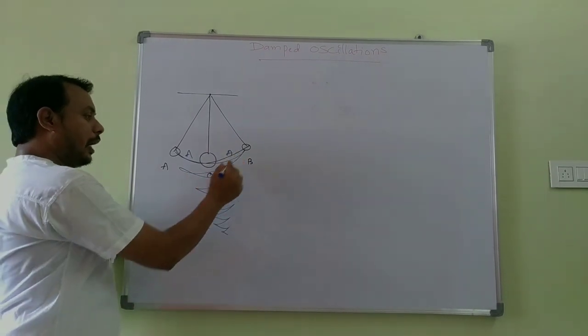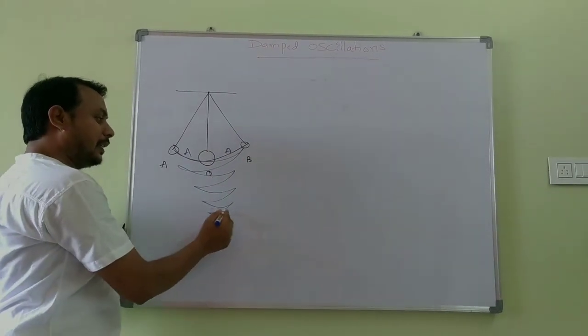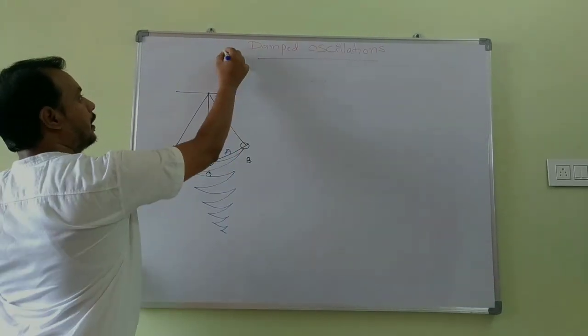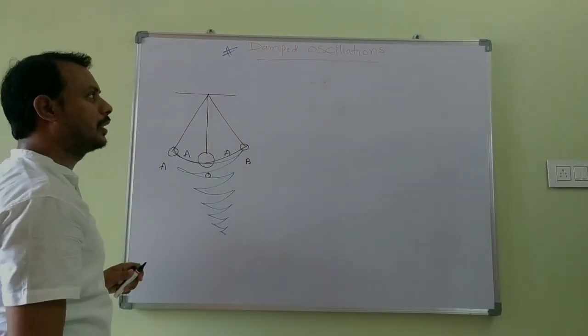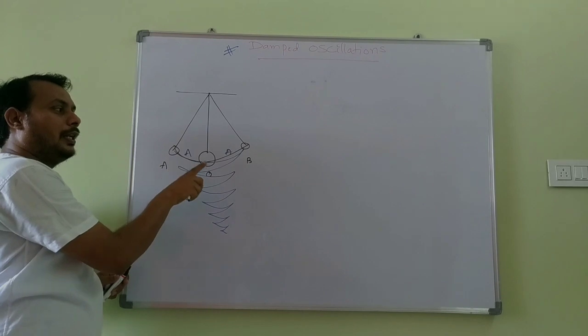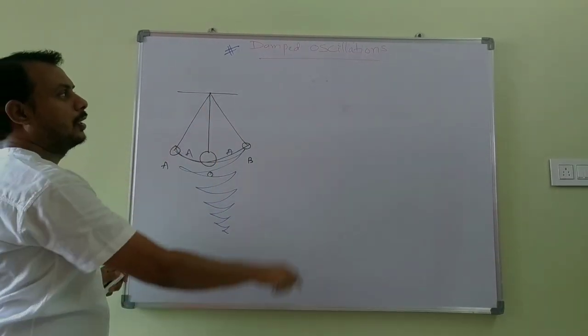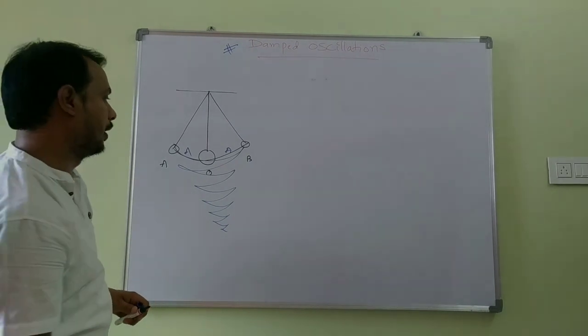If the amplitude decreases with respect to time, the type of oscillations is known as damped oscillations. So damped oscillations means the amplitude of the oscillator decreases with respect to time.